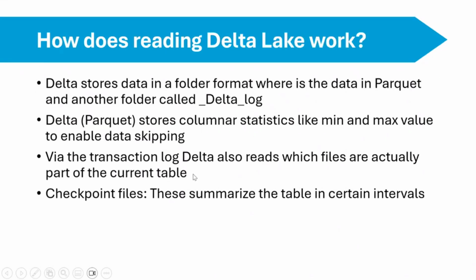And how does the reading part actually work? Because that's a key point in this whole presentation. So like I said, it stores data in a folder, and inside the folder there are subfolders and the Parquet files, the data itself. By definition, Parquet files store some statistics, like min and max value, so you can do data skipping.